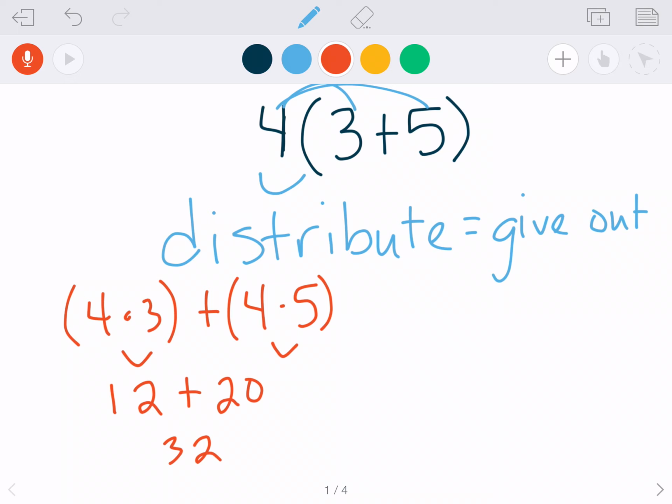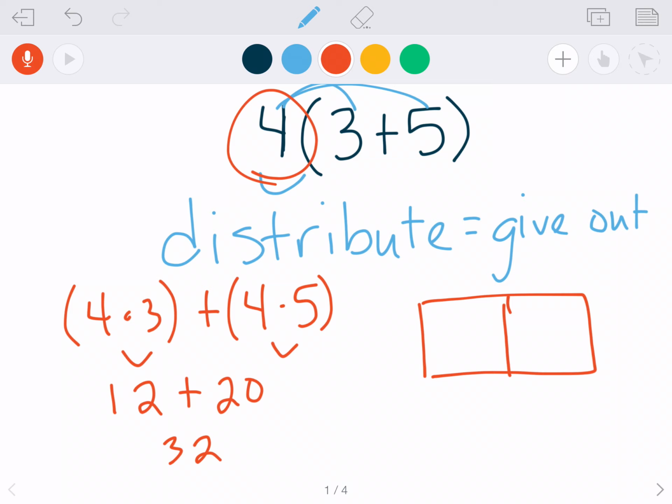Or you may have learned something called the area model. We know the area model, when we multiply numbers, we can multiply them like so. This 4 that's outside parentheses, I'm going to put in front or on the vertical side of my area model.